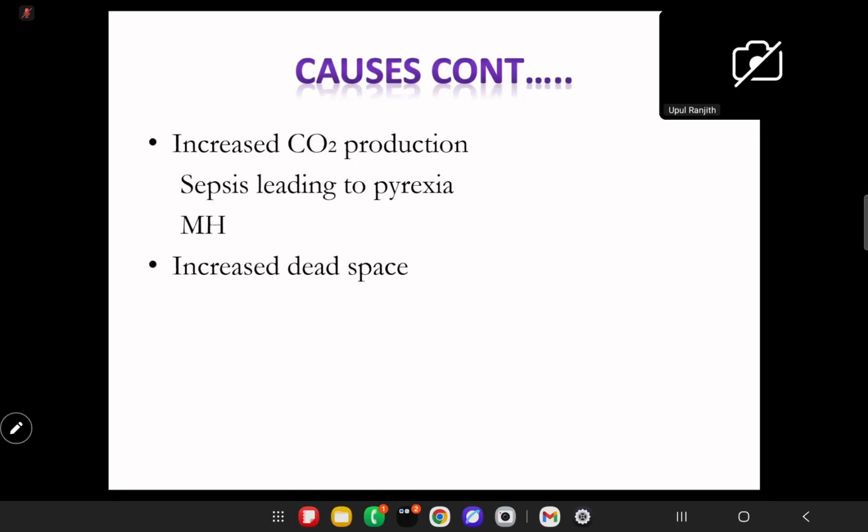Normally 30% of your tidal volume is dead space, but when it is above 60% of your tidal volume, you cannot compensate. Therefore, you can become hypercarbic.